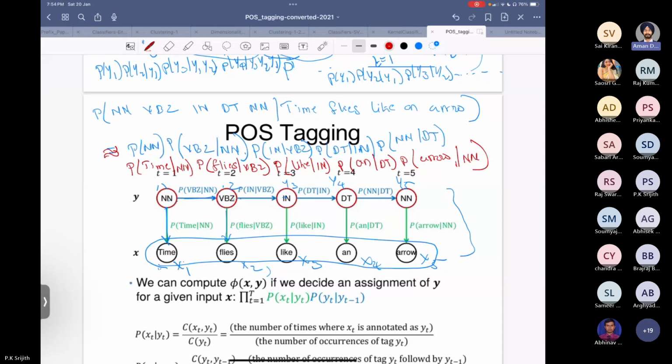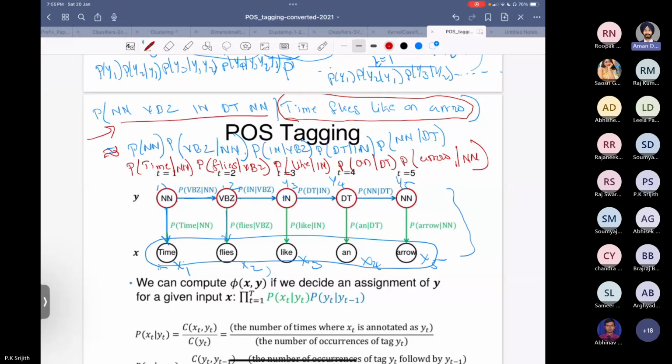So if I want to predict the tag sequence that needs to be assigned to this sentence, "time flies like an arrow", I can compute this probability across all possible assignments of tag sequences, and then choose the tag sequence which gets the highest probability.